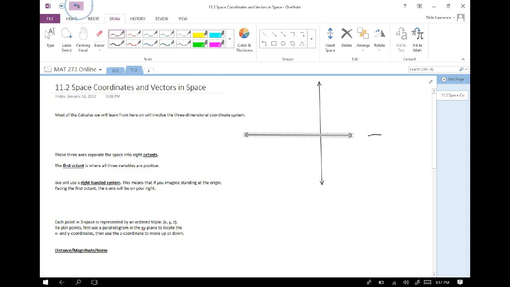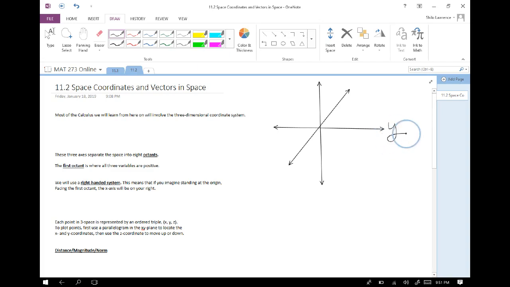And typically in the XY plane, we would see the X and Y coordinate as the horizontal and the vertical. But when we're in 3 dimensions, we're going to label these a bit differently. The horizontal and vertical components, imagine them being flat on your screen.